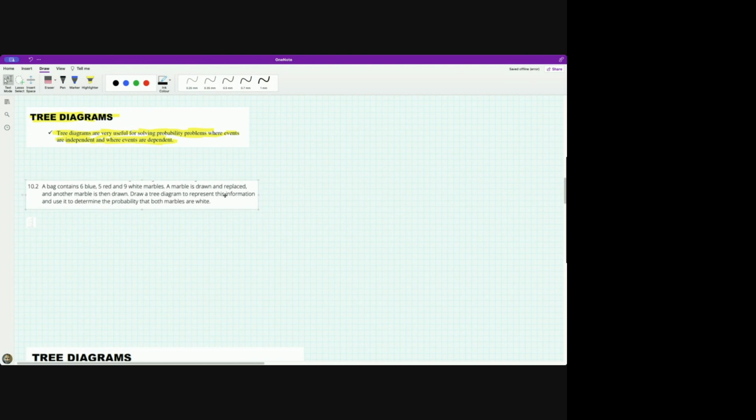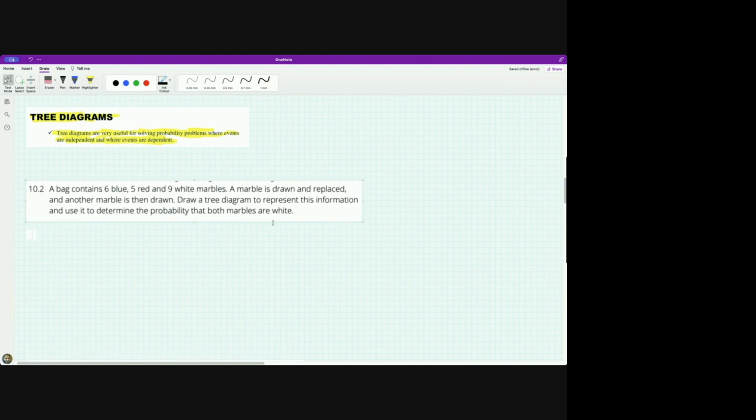They often have stuff about marbles and drawing things out of hats. So it says, a bag contains 6 blue, 5 red, and 9 white. A marble is drawn and replaced, and another marble is then drawn. So you have a situation where you take something out, you then put it back, and you take something out again.